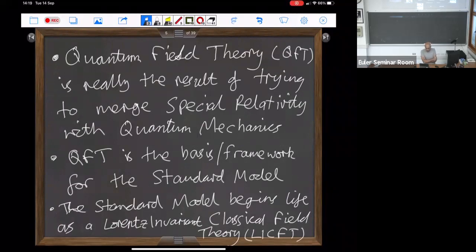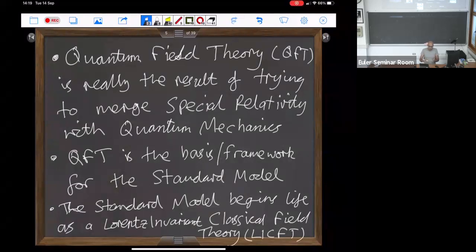In the other courses, you'll be learning quantum field theory. And quantum field theory is really the result of trying to merge special relativity, which is based on Lorentz invariance, with quantum mechanics. And as I said, quantum field theory is really the framework within which the standard model is constructed.